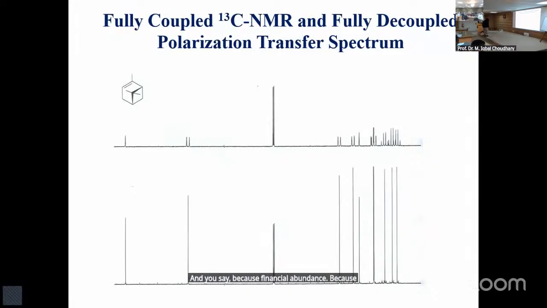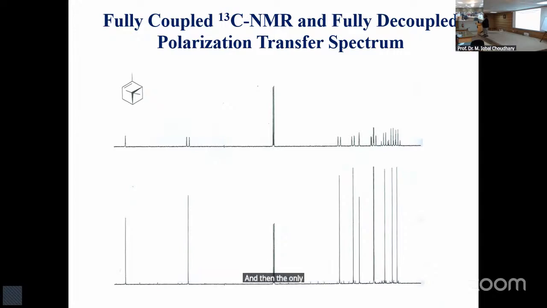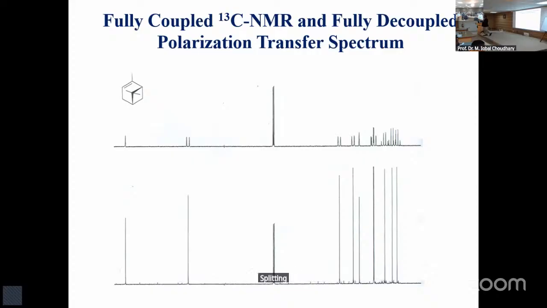Carbon-13 is the only carbon which can split, and there is only 1% of it. Therefore, it's negligible. Forget it. Your proton spectrum is neat and clean with almost no splitting because of carbon-13.